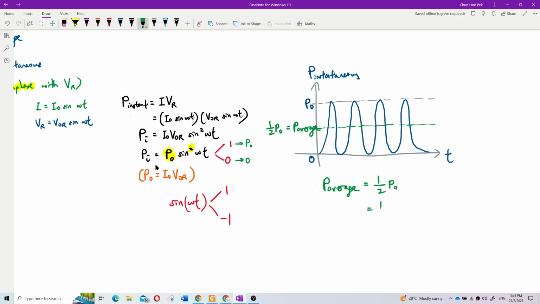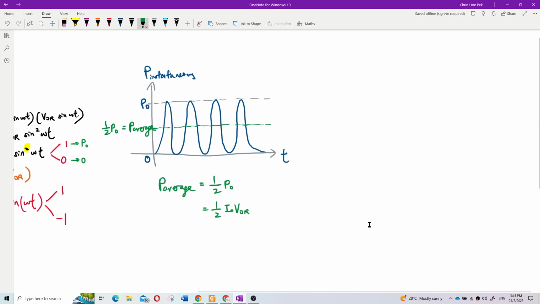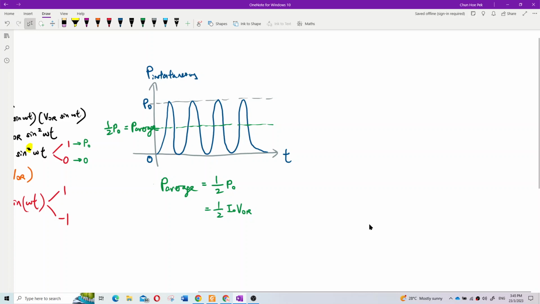So P naught is I naught V naught R. Okay, I naught V naught R. So in fact, still remember the equation, how to calculate the RMS value? I RMS is equal to I naught over root 2, correct or not?